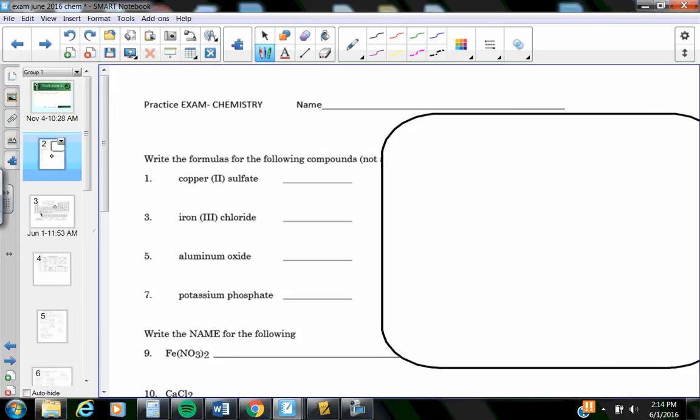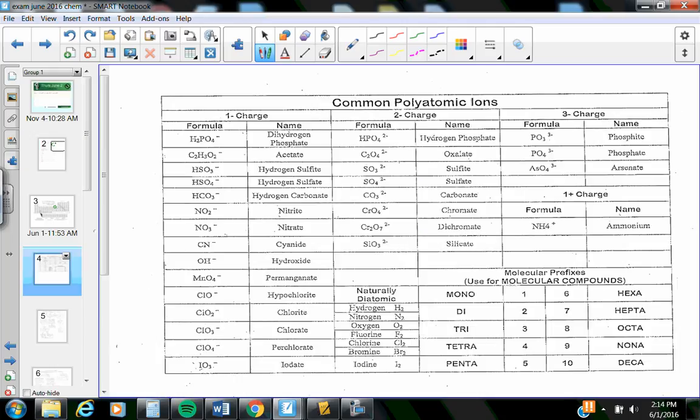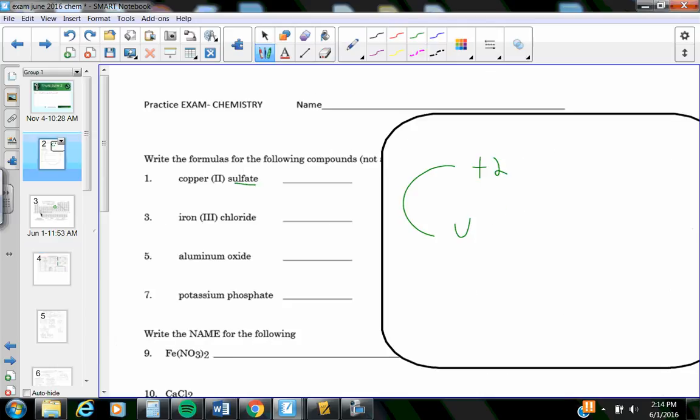That Roman numeral tells you that it's Cu with a +2 sign. Sulfate, find that on the back. Sulfate is SO4 with a -2 charge. Cu +2 and SO4 -2. Match made in heaven, CuSO4.